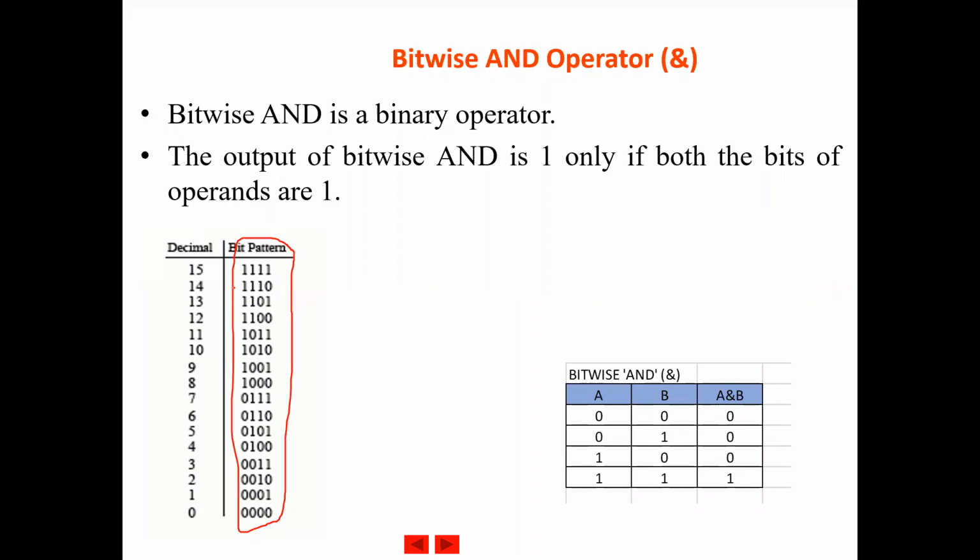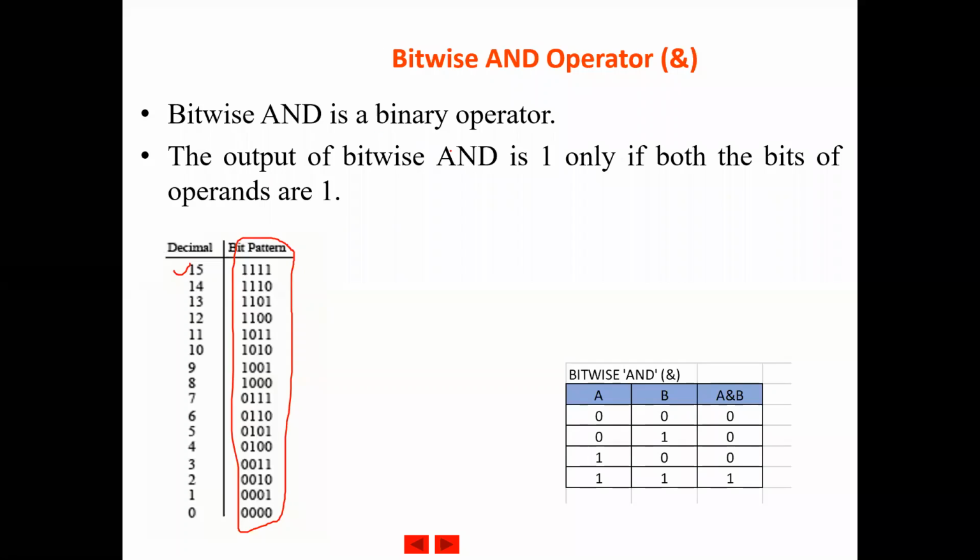So instead of 15, you have to write 1111. You know how to convert, you might have studied it in CO. The bitwise and is a binary operator. You know what a binary operator is: it takes 2 operands, right?